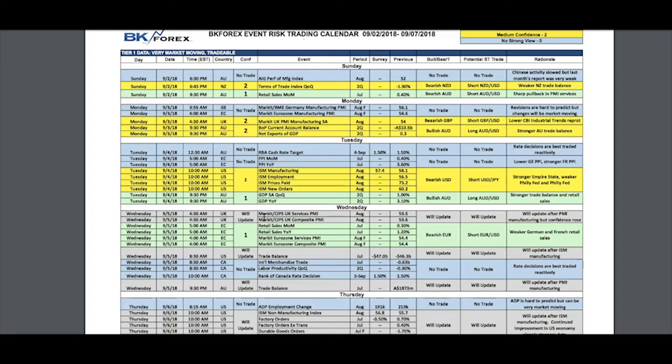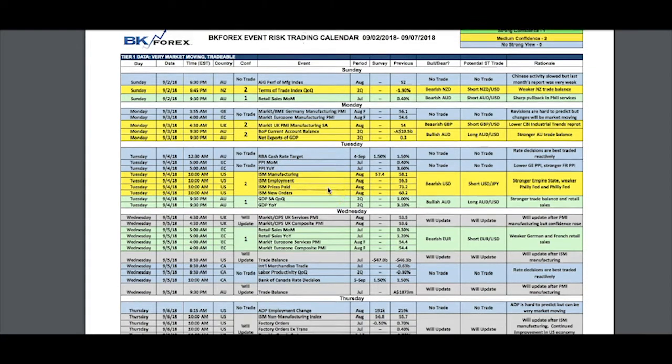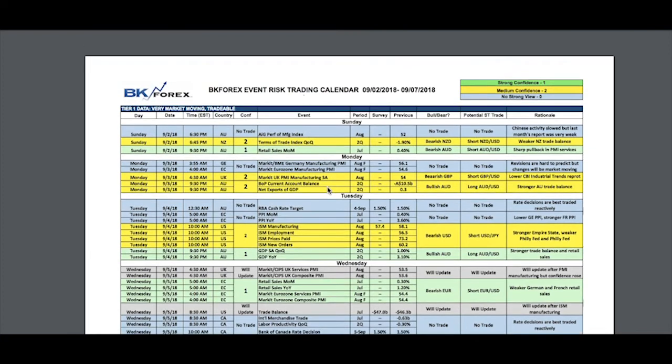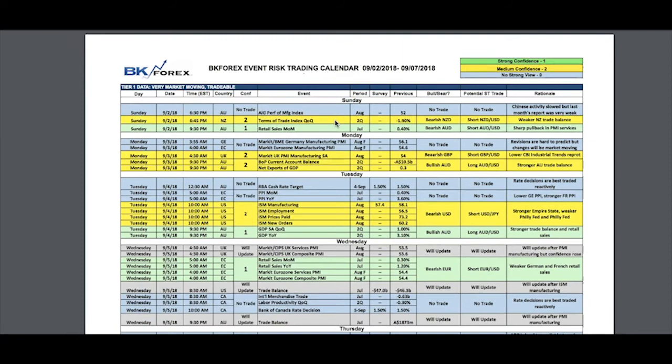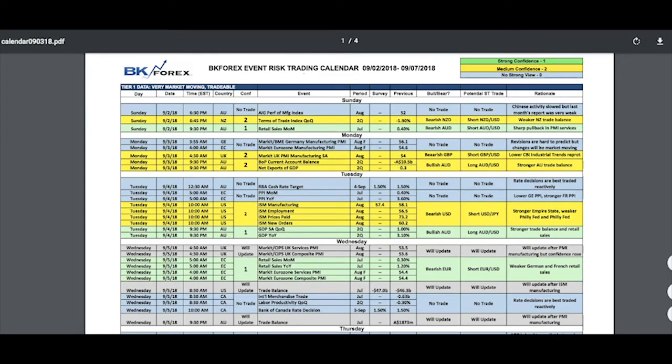But it'll be interesting to see what their language will be, assuming that NAFTA gets done. Will that make what I call Bank of Canada Fed light, meaning it's going to follow the Fed perhaps on a once every 6 month rate hike cycle instead of once every 3 month, because the North American complex is the only one that's really tightening in the world right now? Certainly the Bank of Canada could follow the US, assuming we come to terms on some sort of trade deal. So it'll be very interesting to see. There's just a tremendous amount of headline developments that could absolutely wreak havoc with the charts.